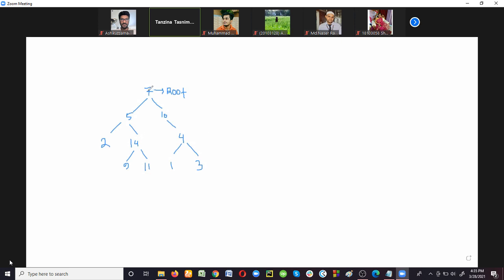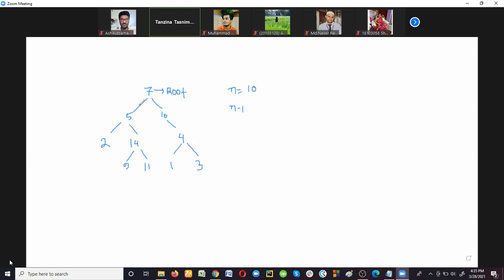Okay, so how many nodes can you see here in total? 10 nodes, isn't it? 7, 5, 10, 2, 14, 4, 9, 11, 1, 3. So here n equals 10. In a tree data structure, each data element we call a node. So for creating the relationship among those 10 nodes, how many links do we need? N minus 1 links, or edges.